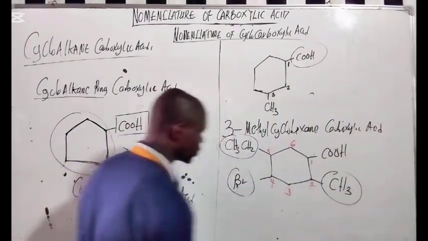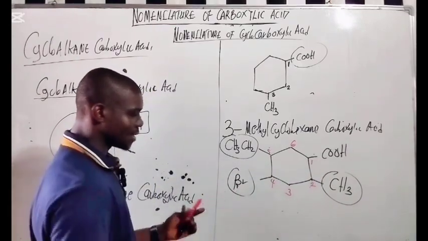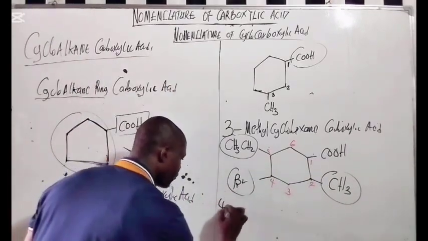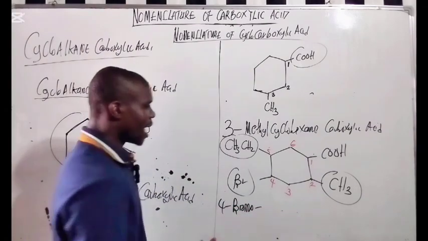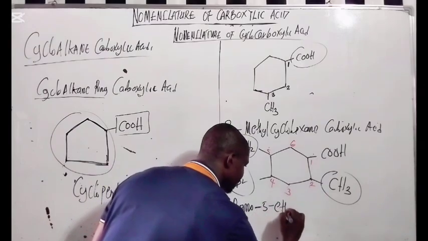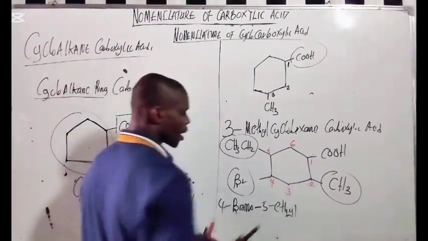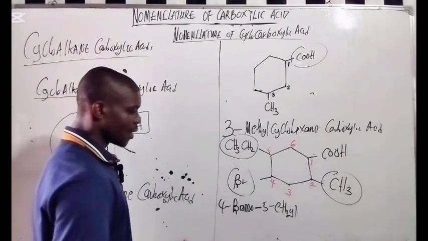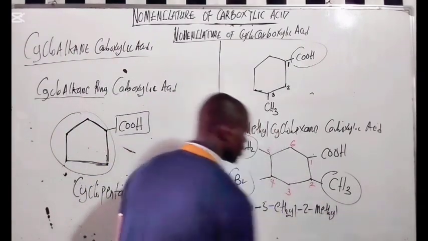So here, bromine will come first in alphabetical order, so it will be 4-bromo. Now here we have ethyl, 5-ethyl, then the common number to have in ethyl, so we go to 2-ethyl.